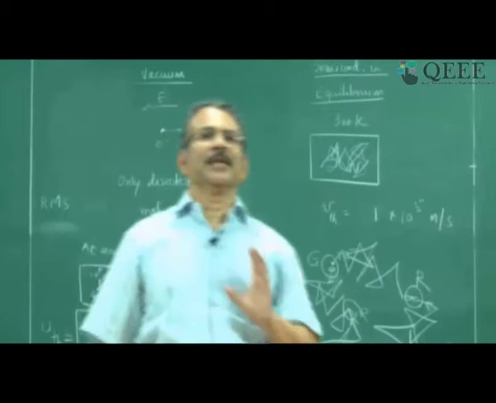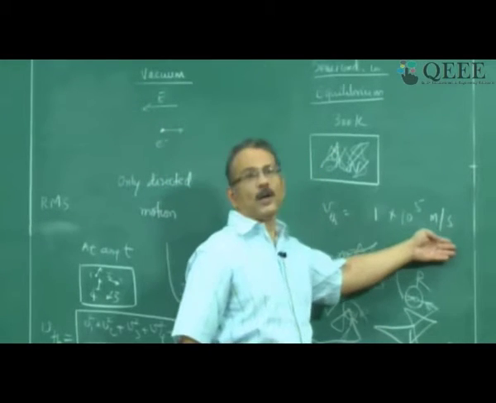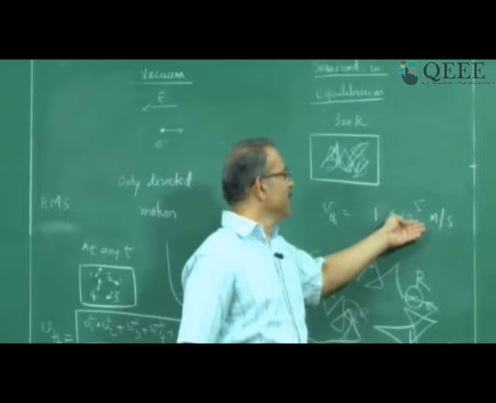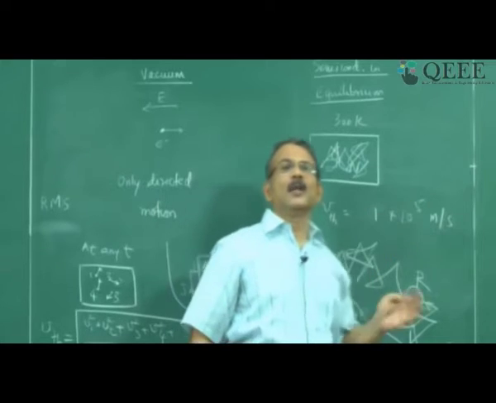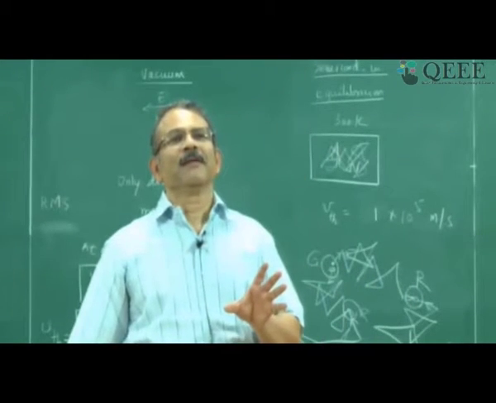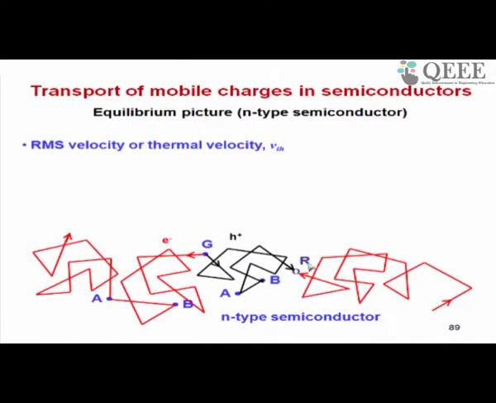Now please do this assignment. Compare this. This is per second you are talking about. So 10 power 5 meters per second is 100 kilometers per second. So per minute you multiply by 60: 100 into 60, 6000 kilometers per minute.